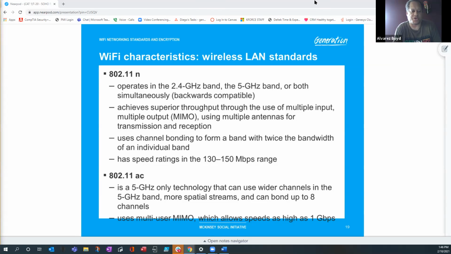So that's the reason why you can get up to gigabit speed with that. It's because it's using multiple channels. In the case of AC, yes, it's using 8 channels. It's bonding 8 channels at the same time, just like bonding circuits or anything else. In this case, it's bonding the wireless channels as one big channel.